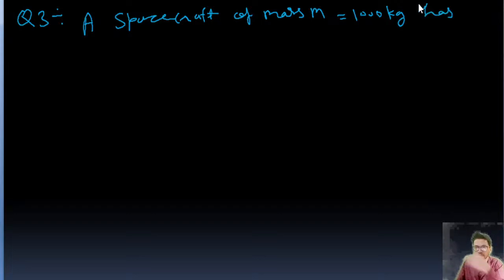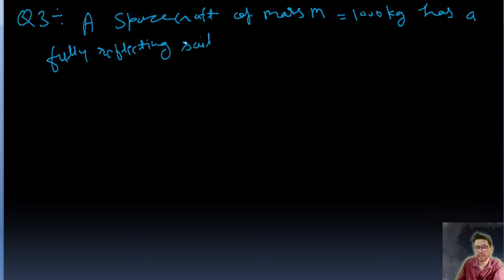A spacecraft of mass m equal to 1000 kg has a fully reflecting sail.